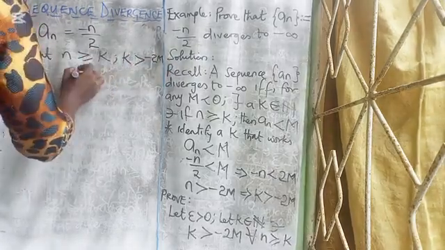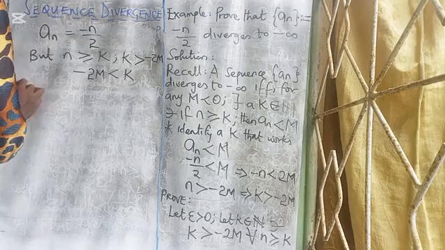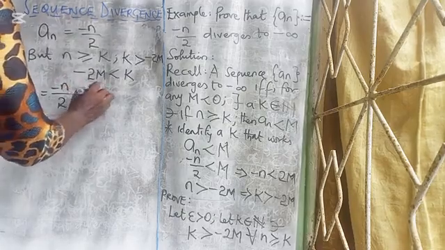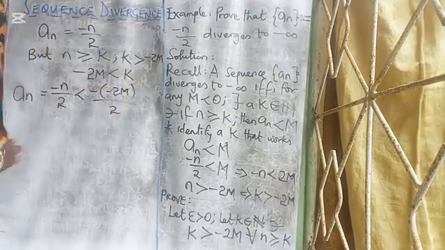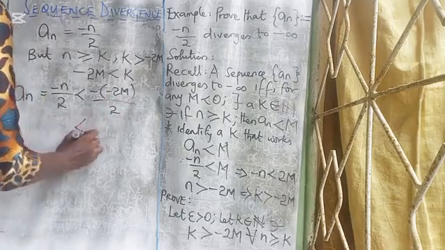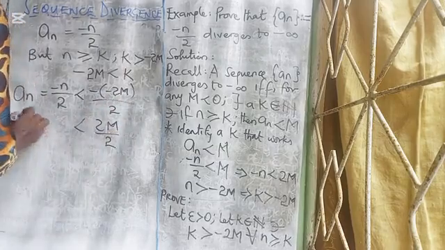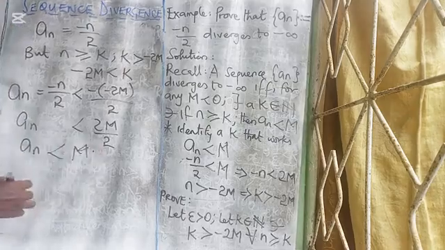That implies that minus 2n is less than our k. And so the sequence a_n, which is equal to minus n over 2, is less than minus minus 2n over 2. This is less than 2n over 2, and our sequence a_n is less than n.